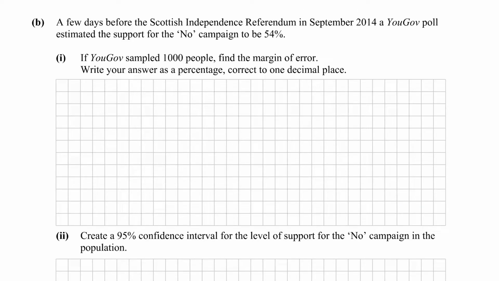Question B. A few days before the Scottish independence referendum in September 2014, a YouGov poll estimated the support for the No campaign was 54%. If YouGov sampled 1,000 people, find the margin of error. Write your answer as a percentage correct to one decimal place. So we know what the margin of error is, because we deal with that the same every time.